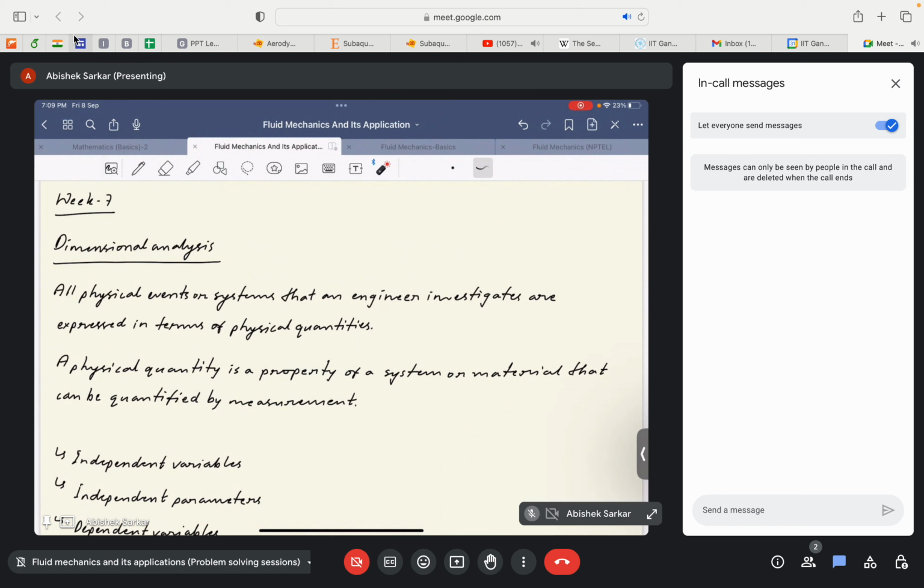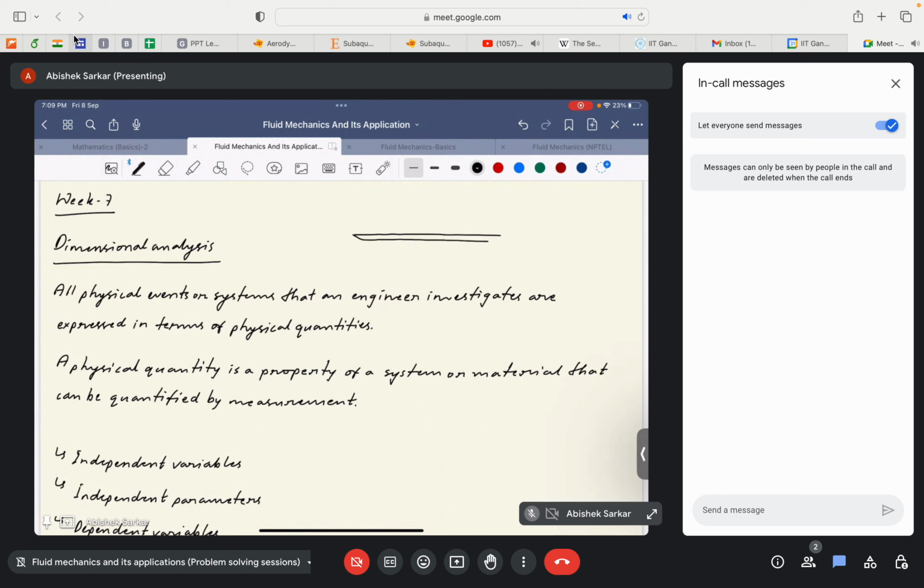A boundary layer basically means a very thin region in a flow field where the viscous stresses are considerable.